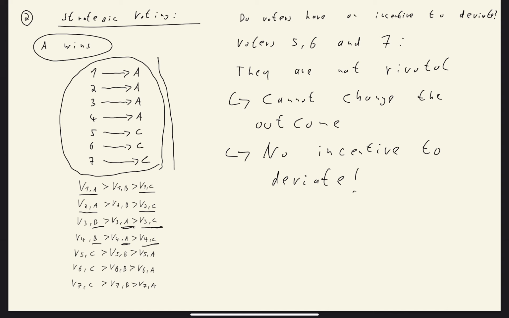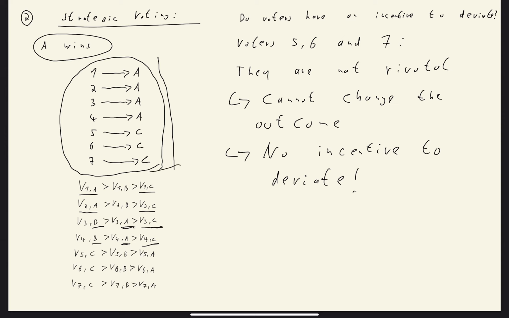And on the other hand, 5, 6, and 7, who actually would like candidate C to win, cannot affect the outcome of this election by changing their behavior strategically. So they also do not have an incentive to deviate. And as a consequence, nobody has an incentive to deviate.